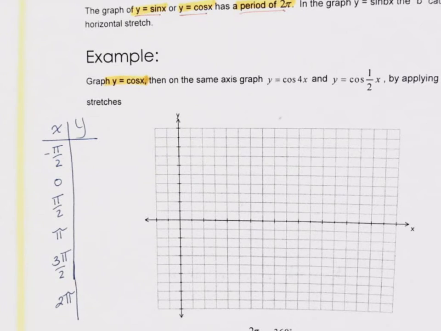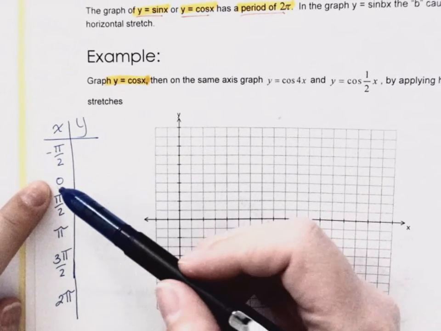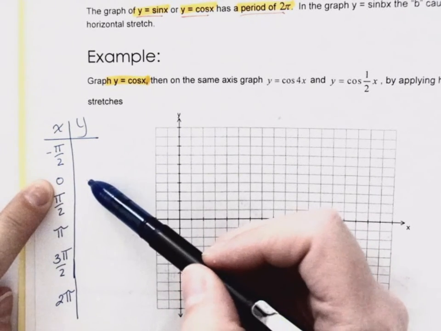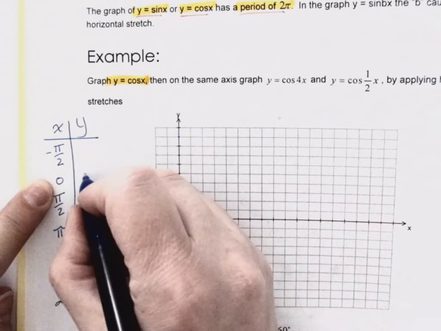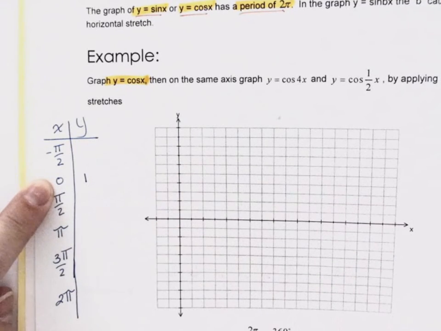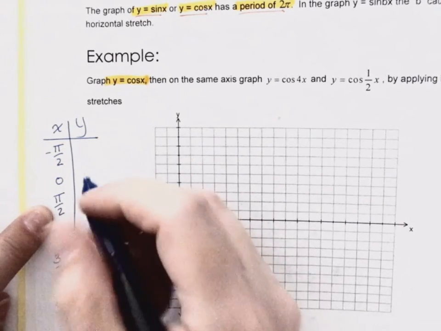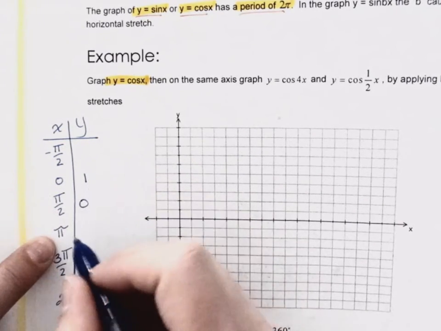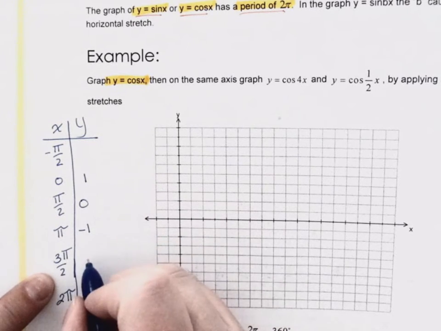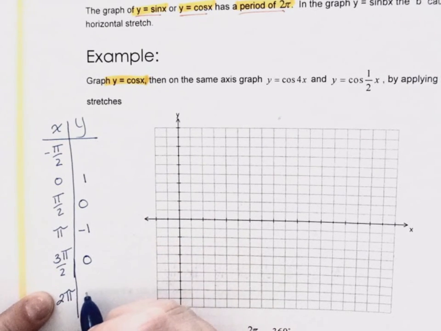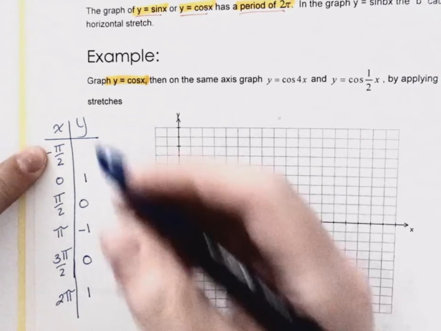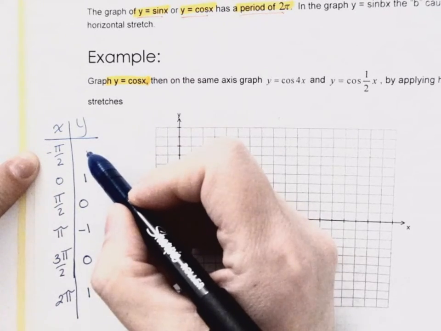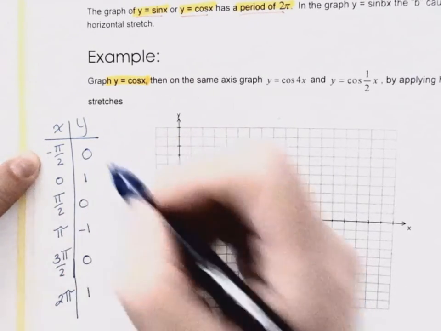So I'm going to start our basic cosine graph at 0. What's our cosine? 1. And what do we know cos graphs start at? A maximum. Okay? Pi over 2? 0. Pi? Negative 1. 3 pi over 2? 0. 2 pi? 1. And if I go backwards, where am I at negative pi over 2? 0.